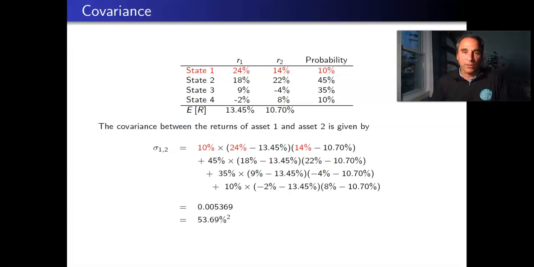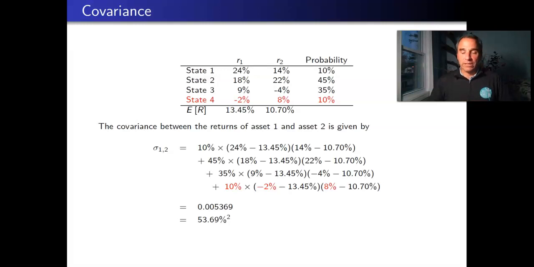In state 1, asset 1 returns 24, asset 2 returns 14. State 2 occurs with probability 45%. In state 2, asset 1 returns 18, asset 2 returns 22, and so on. State 4 occurs with probability 10%.